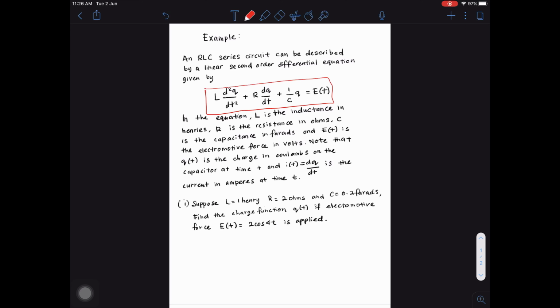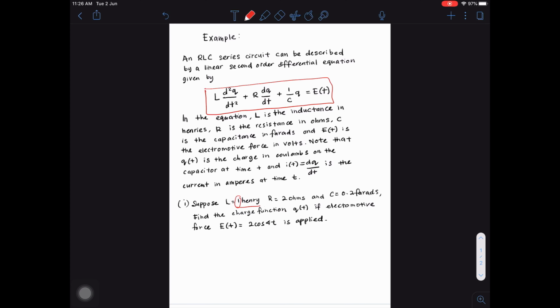The question is, suppose L equal to 1 henry, R equal to 2 ohms, and C equal to 0.2 farad. Find the charge function Q(t) if electromotive force E(t) equal to 2 cos 4t is applied. So you are given L equal to 1 henry, but henry is just a unit, so you just consider 1.